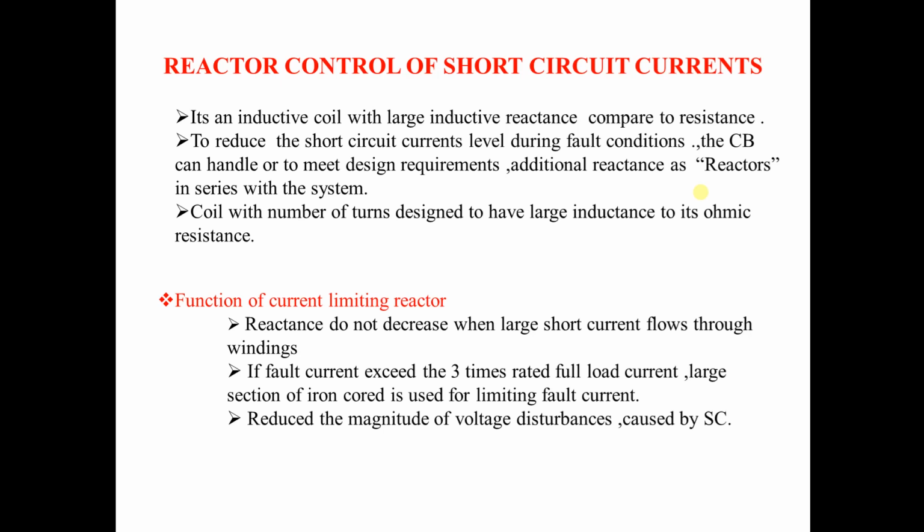If the fault current exceeds 3 times the rated full load current, a section of iron core is used for limiting the fault current, and also to reduce the magnitude of voltage disturbance caused by the short circuit current.